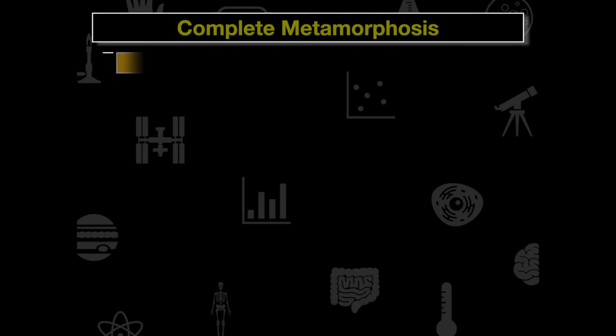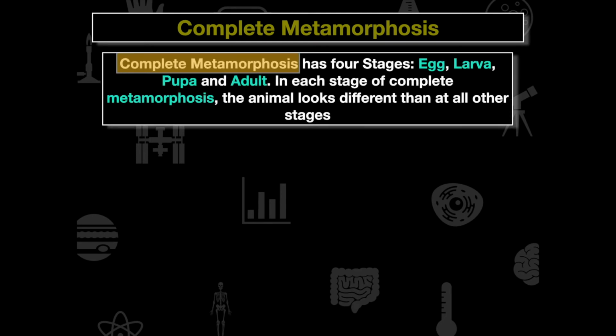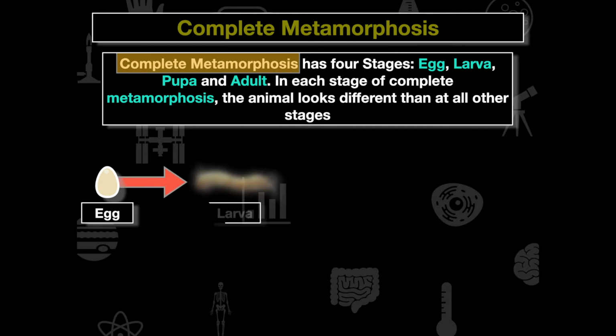Now in complete metamorphosis, this is going to look different. We have four very distinct stages: the egg, the larva, the pupa, and the adult. And in each stage of complete metamorphosis, the animal looks different than all other stages. So again, we're going to start with the egg, but we're going to move into this larval stage here. This is like the caterpillars that we see out in the wild.